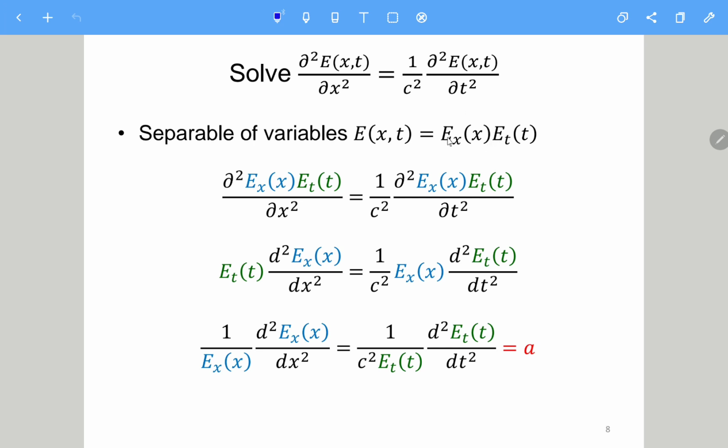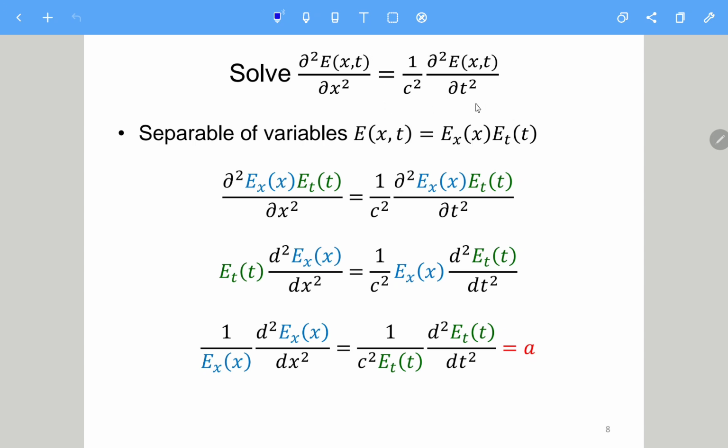This function only consists of x, and this function only consists of time. So the function is separable. We try to plug this into the original equation, and you can really simplify it.